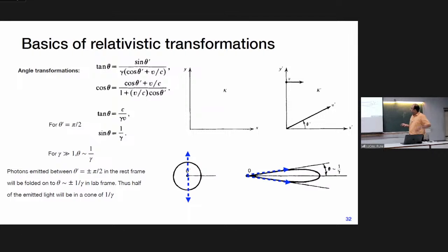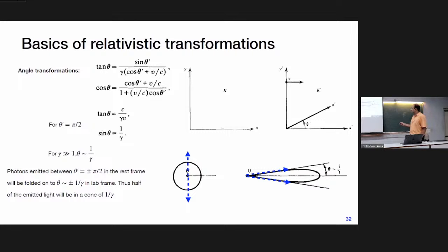Now what is the significance of this? You may have encountered this concept of relativistic beaming, where a charged particle moving in a particular direction has all the radiation concentrated along the direction of the charged particle. So mathematically, what does that mean? Suppose in the instantaneous rest frame of the charged particle, the emission is isotropic.